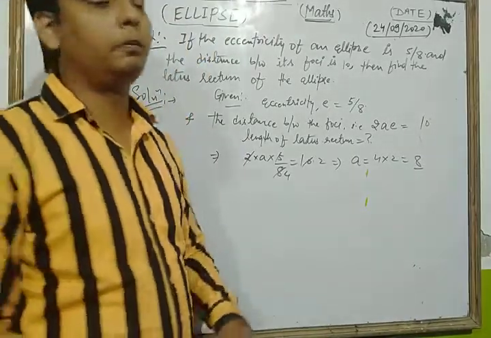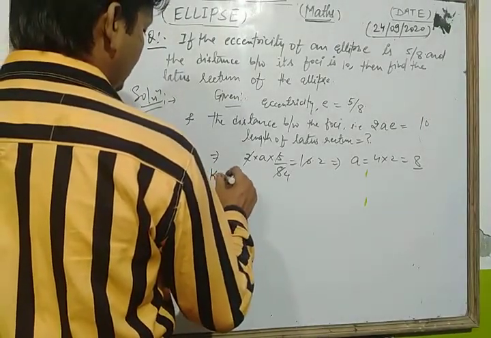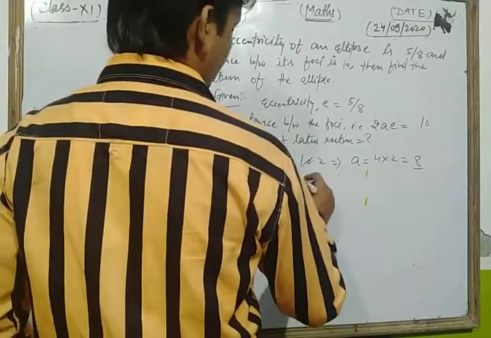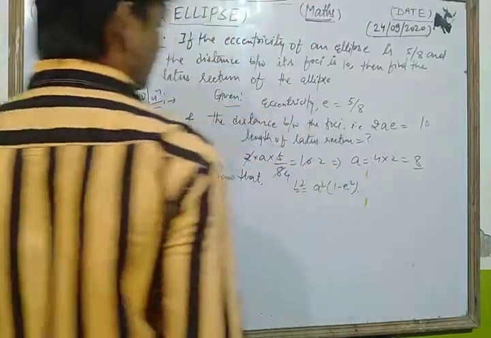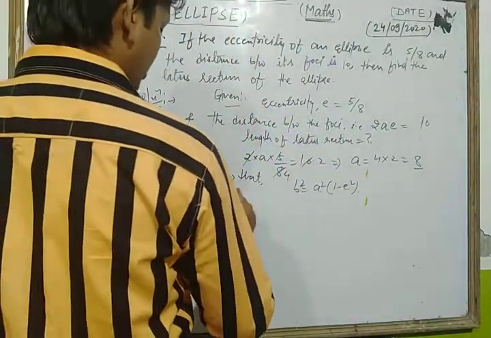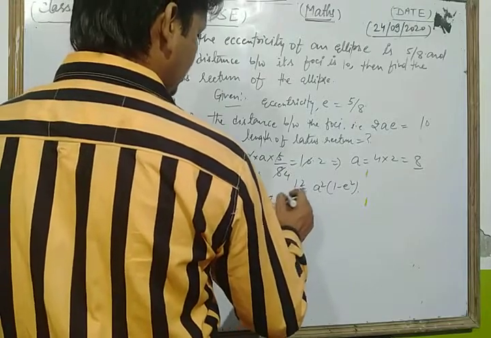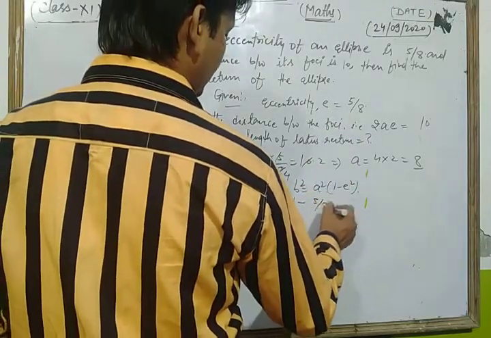Now we find the value of b. Since we know that b square is equal to a square into bracket 1 minus e square. Now we put the value of a and e, that is b square is equal to 8 square into bracket 1 minus 5 upon 8 whole square.